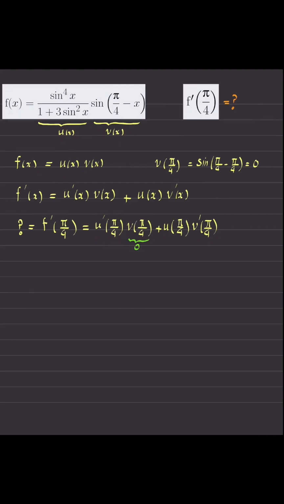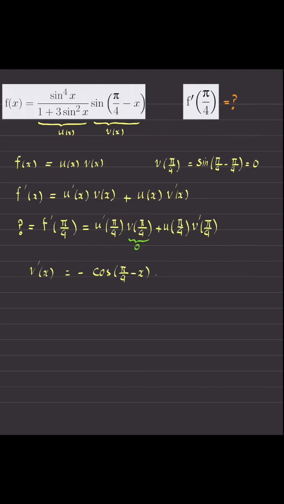So what I need to do is calculate v prime of x. How should I do that? I will take this to be u in my head, so this becomes sine u, and I want to differentiate it. So it becomes cosine of u, but I have to multiply it by u prime. But u prime is nothing except minus 1. So it becomes minus cosine of u, which is minus cosine of pi over 4 minus x.